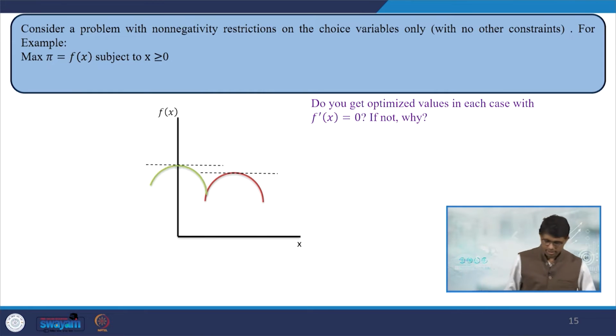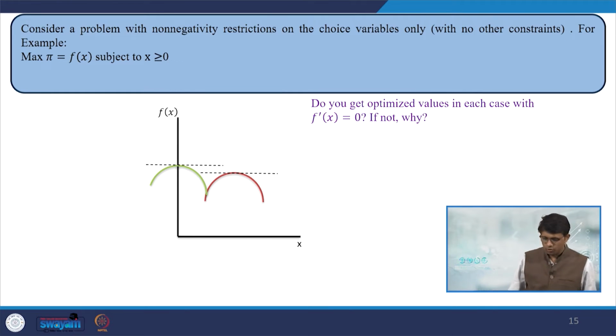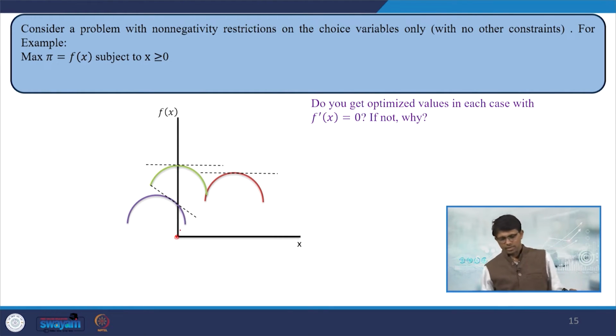You can just see, if you take the first order derivative, since our constraint is actually x greater than or equal to 0, non-negative, in these functions you will find that the optimization may occur at the first order derivative at 0 as well, when x equals 0.